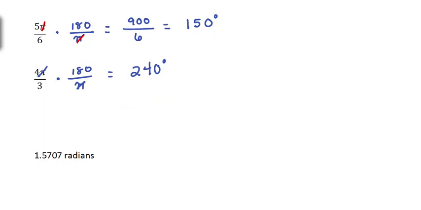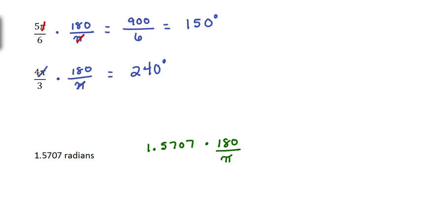Now what if we were just given 1.5707 radians? We need to convert this to degrees. So I have 1.5707. I'm still going to multiply it by 180 over pi. But since this one's not written with the pi in the original problem, I can't simplify by canceling out the pi's.